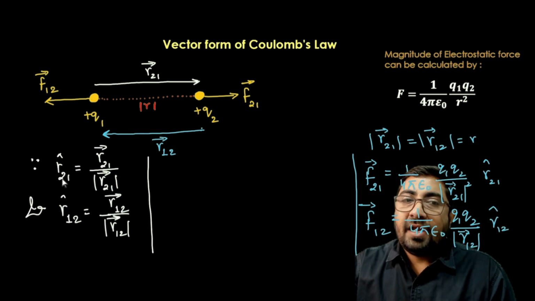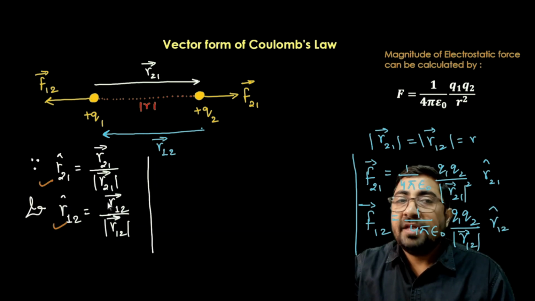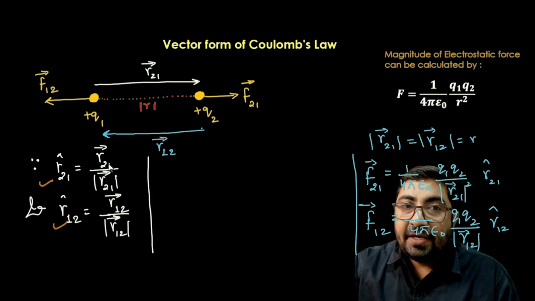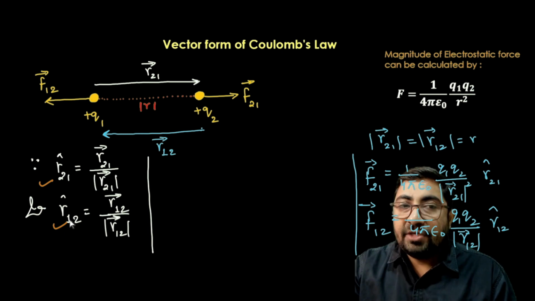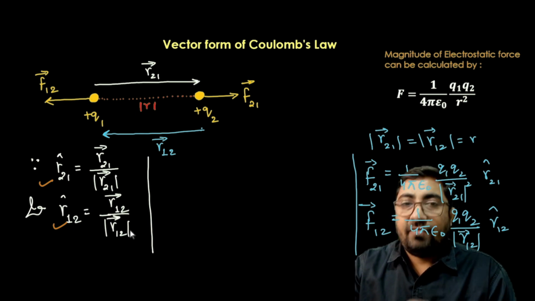The unit vectors r21 and r12 can be written as vector r21 upon the magnitude of vector r21, and similarly, unit vector r12 is written as vector r12 upon the magnitude of vector r12.